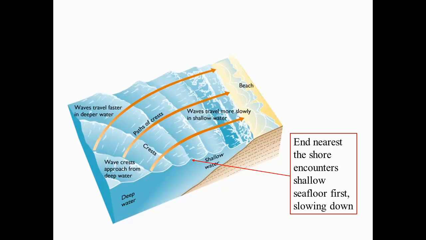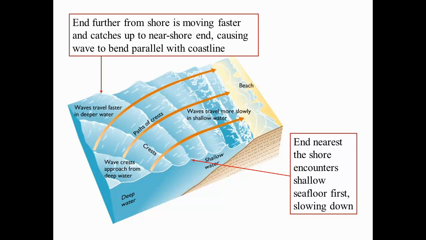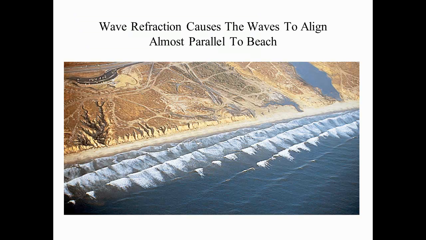What's happening here is that the end nearest the shore encounters the shallow water first and slows down, while the end further from shore is moving faster and will eventually catch up with the near shore end, causing the overall wave to bend parallel with the coastline. So by the time the wave crests reach the coastline, notice that the crests are almost parallel with the beach.